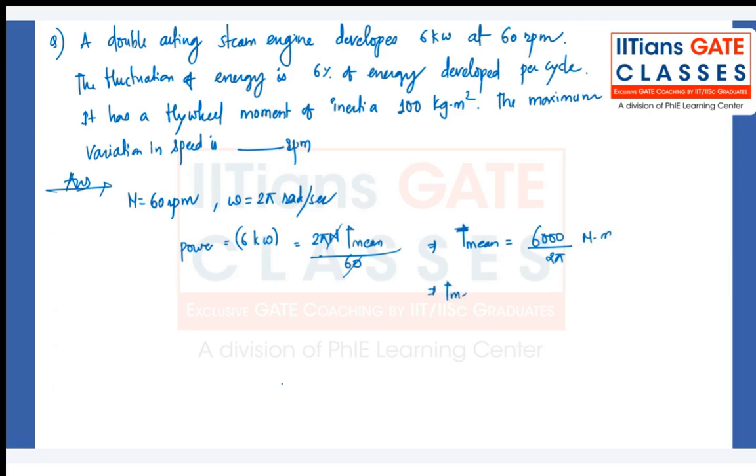And T mean into theta is equal to work done per cycle. So 6,000 divided by 2 pi multiplied by 2 pi is equal to 6,000 Newton meter, the work done per cycle. Okay, so you got the work done per cycle.